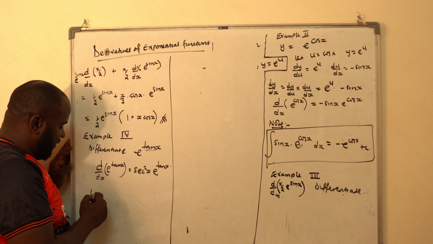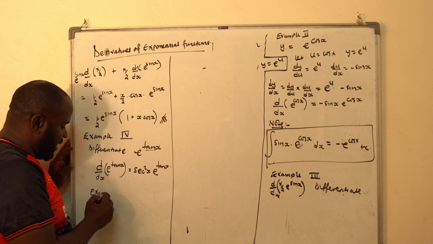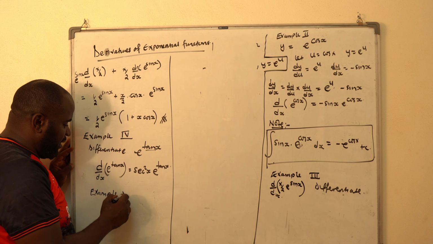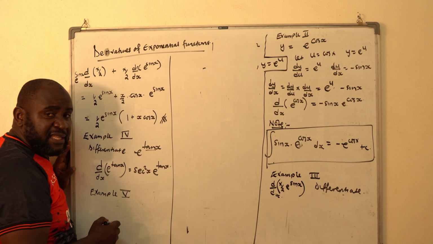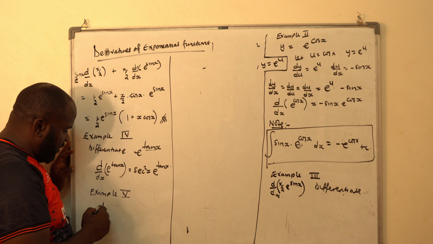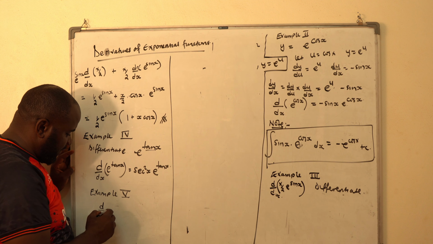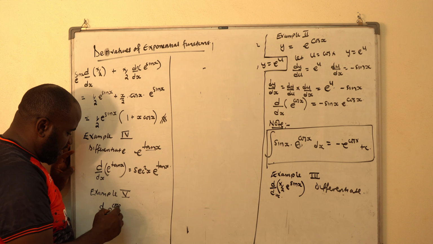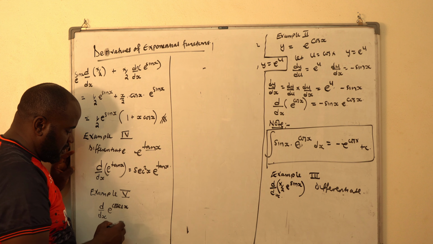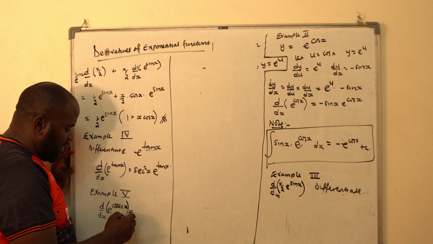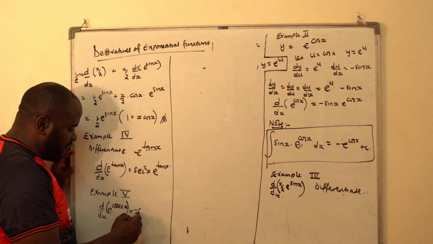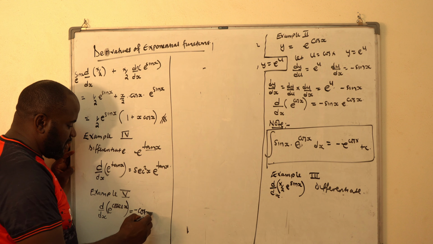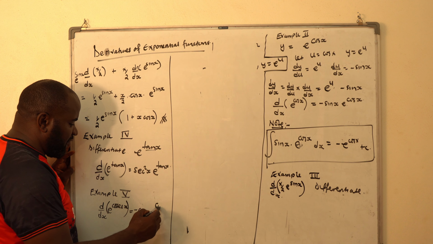Come to example 5. Now this is when we start doing them directly without going through how exactly they came about. What if I'm to differentiate with respect to x, exponential cosec of x?